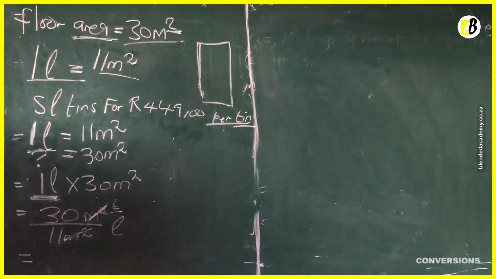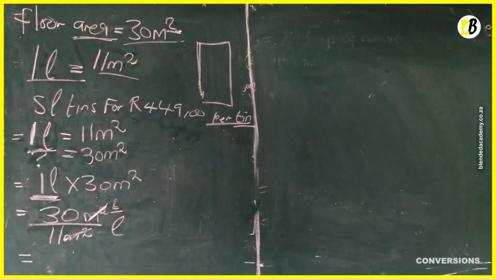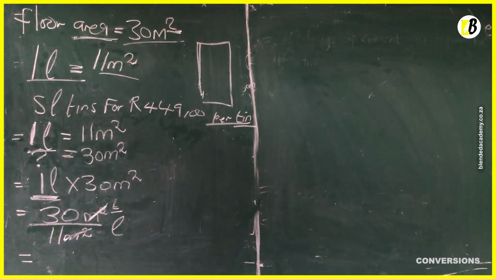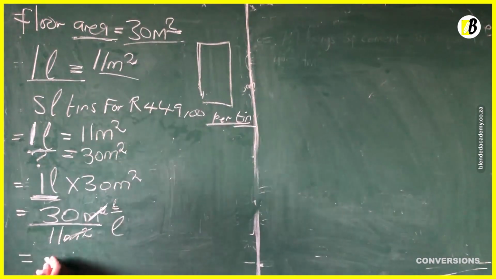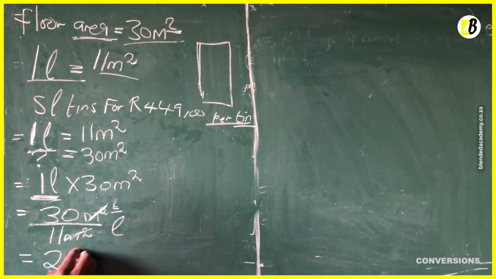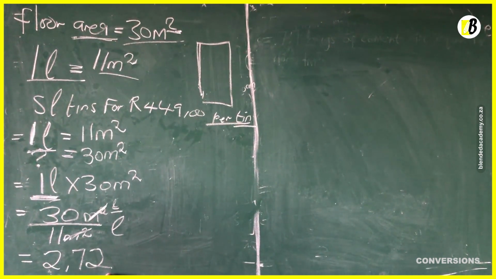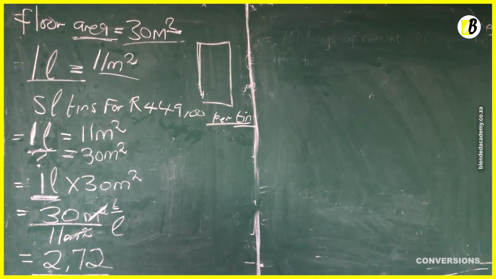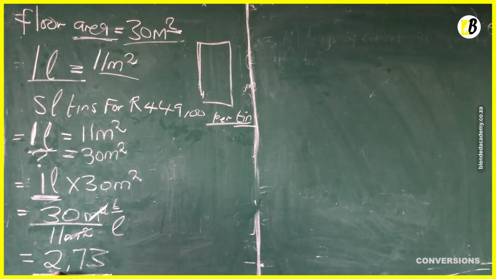So let's see. 30 divided by 11 gives us 2,72. I'm going to round it off because it's 2,727. I'm going to round it off to 2,73 and leave it there.